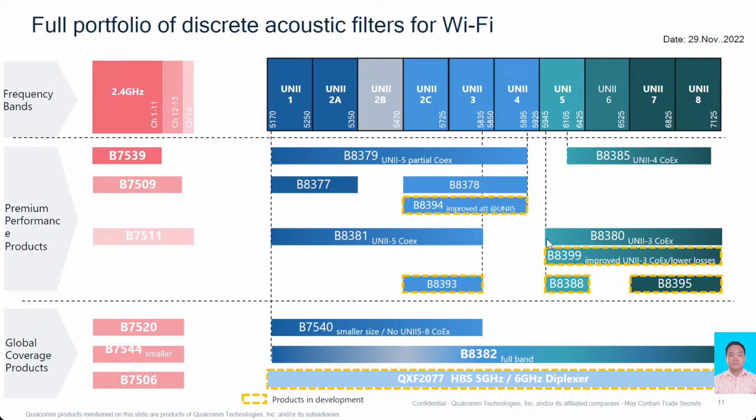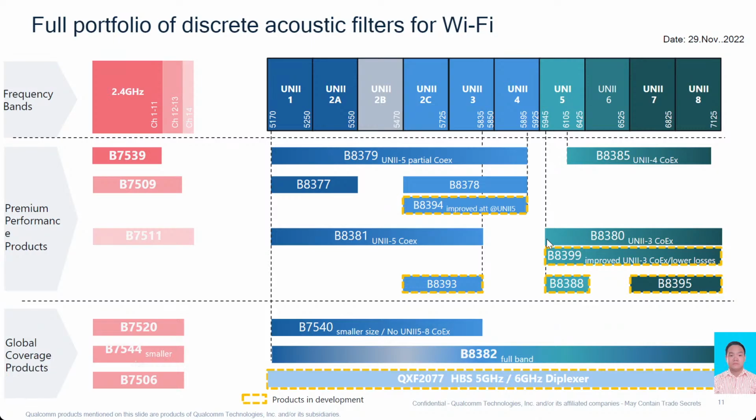Let's say, for example, down below, global coverage products, B7520 as a perfect example. And of course, band edge mainly for the US, channel 1 to channel 11. We have a couple different offerings there. The B7539 on top there in the darker red is what we called our Ultra SAW product.